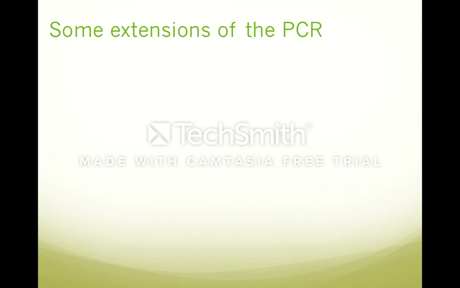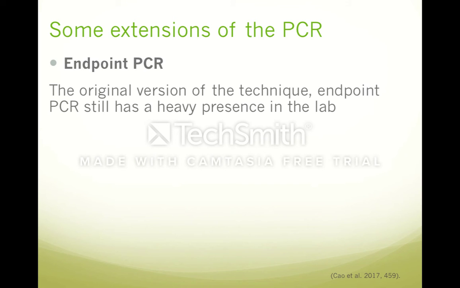Quickly, we can have a look at this progress through these three techniques. For example, the endpoint PCR was the original version of the technique. It was created in 1983 and it's still very useful in labs. However, it only provides relative and qualitative results.